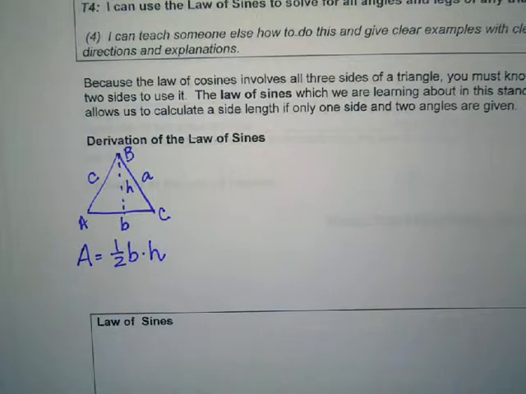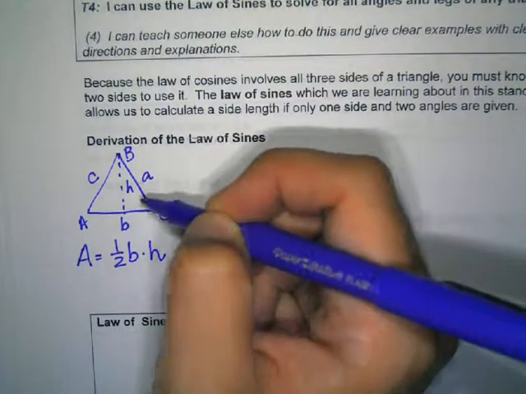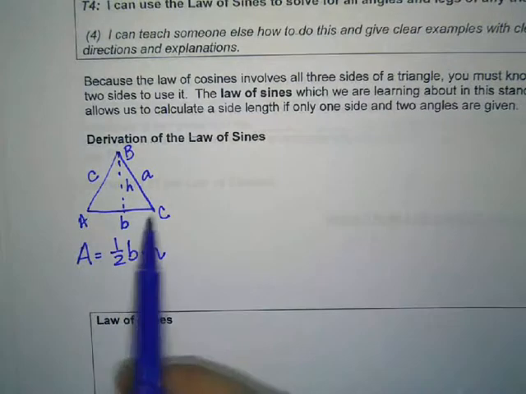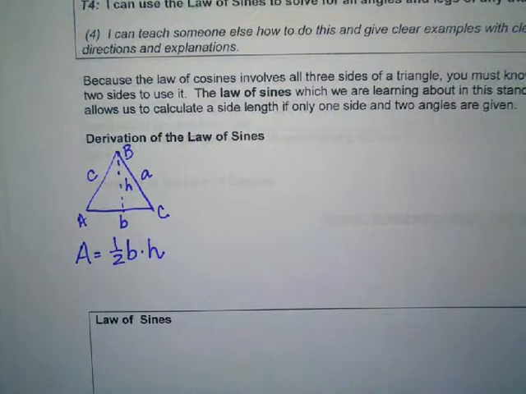Now, if we're looking for the area of this whole triangle here, the base would be side B, right? Technically. And then this height here would be given to us. But we need everything written in terms of A, B, and C.